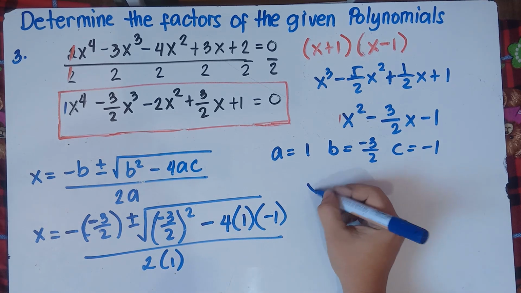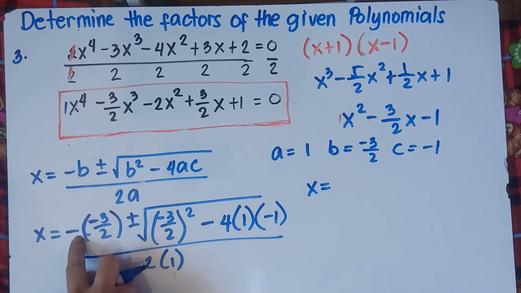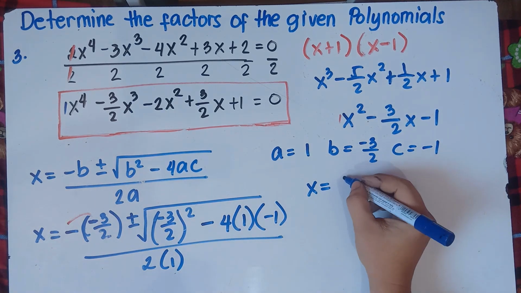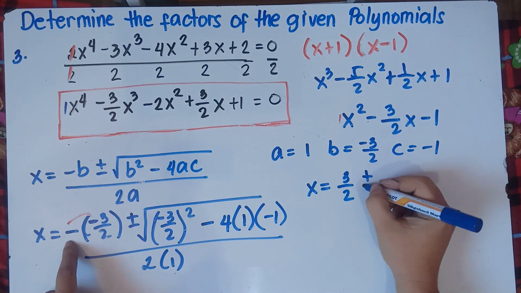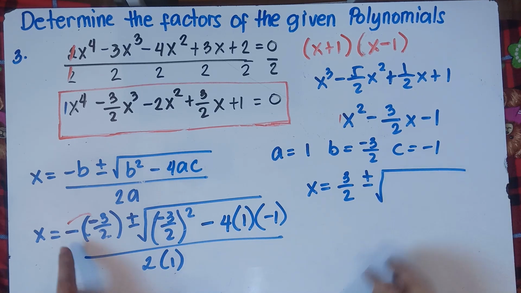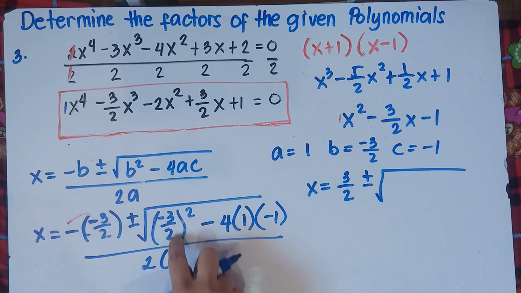So negative times negative is positive, so x equals positive 3 over 2, plus or minus the square root of negative 3 over 2 squared.